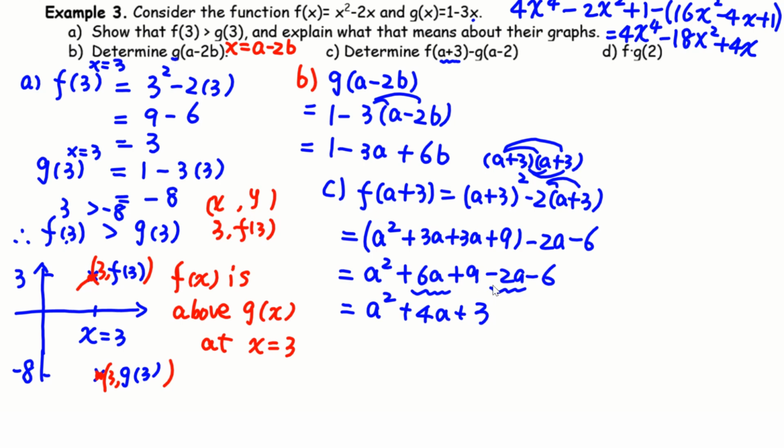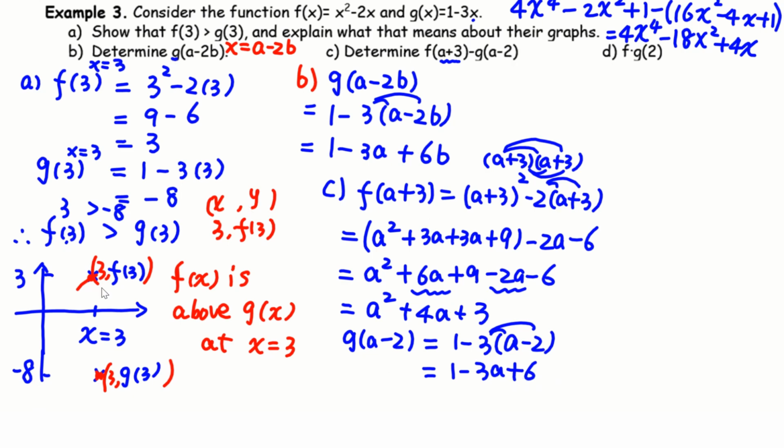So this is for a plus 3. Then we figure out g at a minus 2. Then we subtract these two expressions. So a minus 2 we sub in here, 1 minus 3 bracket a minus 2. Then expand. We have 1 minus 3a, then plus 6.